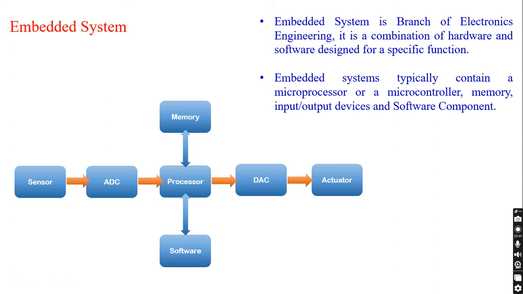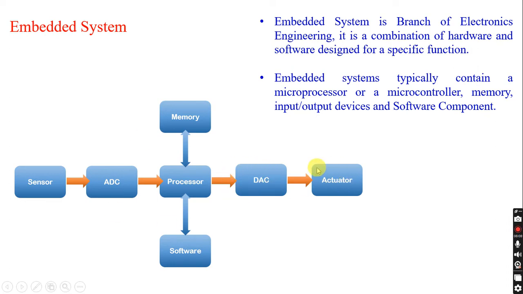Sometimes we want an analog output. The best example is a mobile phone, whose output is analog. If you take the example of our television, the output will also be in analog form. Some application outputs may require analog, while some devices may require digital. That is why we use the DAC here.